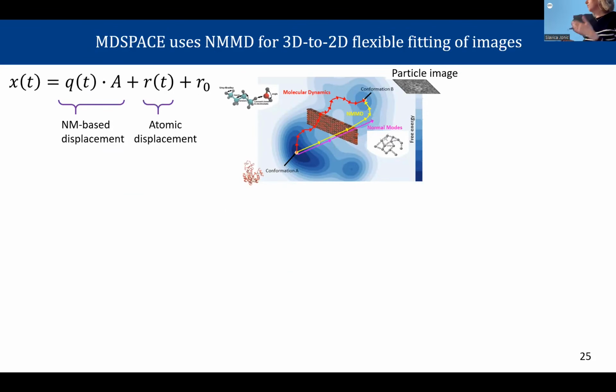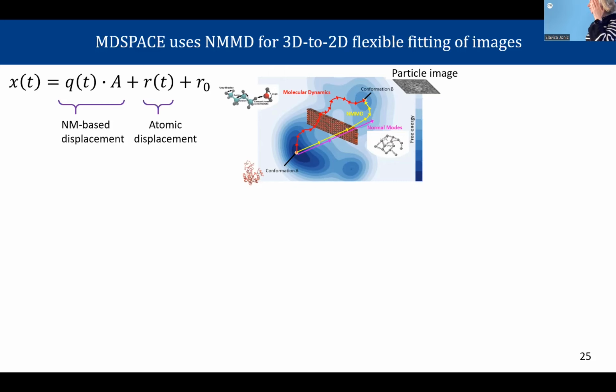So basically now you know everything. We are using NMMD, which means a combination of MD-based displacement with normal mode-based displacement of the given structure to go from a given conformation A to a particle image.